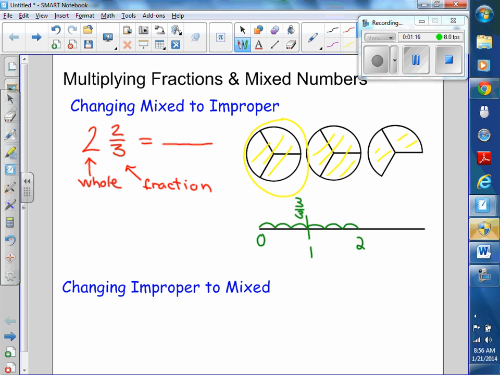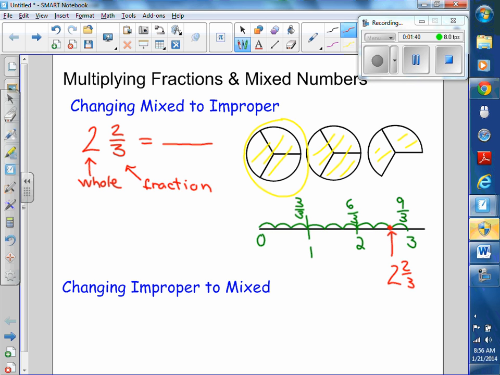Yes, but like 2 wholes is equal to how many thirds? 6/3, right? And so if I went to 3, how many thirds would I have? 9/3, right?